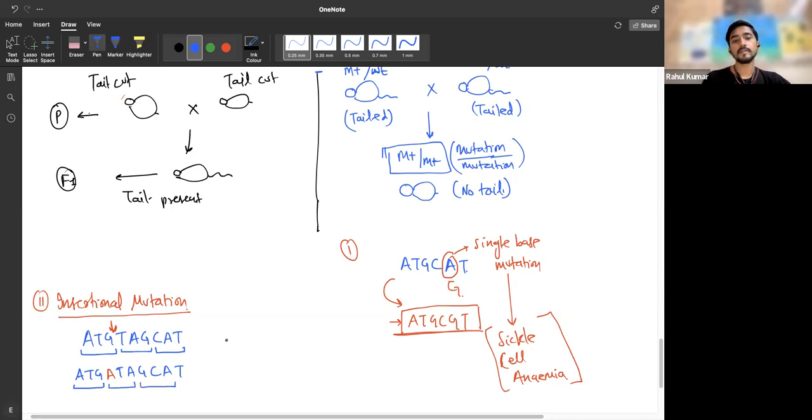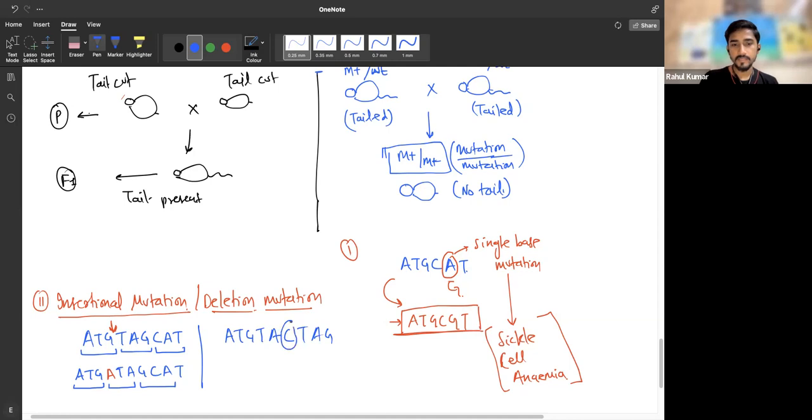You understand? So due to insertion, the same can happen with deletion mutation, insertional or deletional. One base can get removed, left out, or deleted. In both of these mutations, let's also do this. Let's say ATGTACTAG.